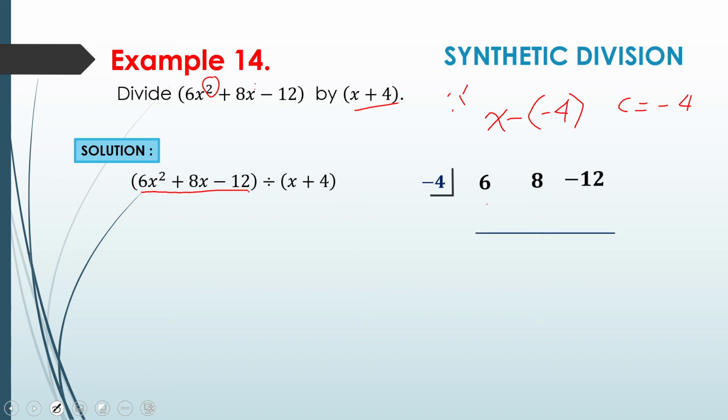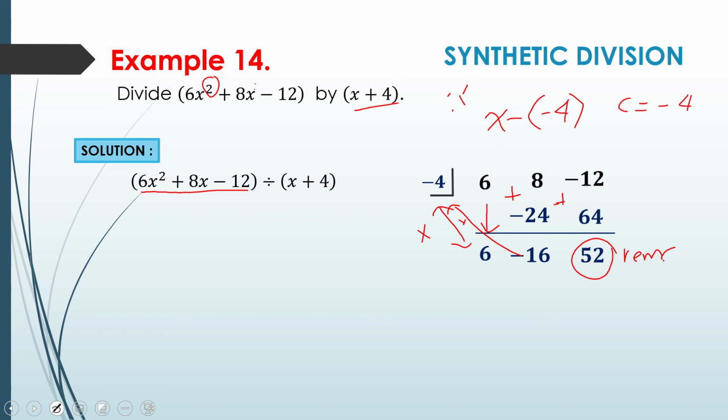We will start by taking down this 6, and then you multiply. 6 times minus 4, minus 24, and then you add, will give you minus 16. Times minus 4 will give you 64, and then you add, will give you 52. So this 52 is the remainder.